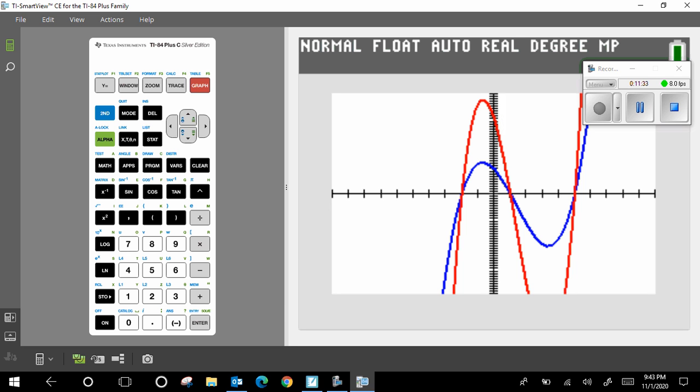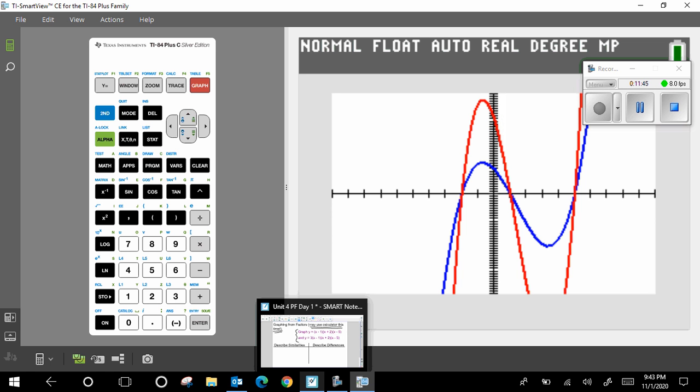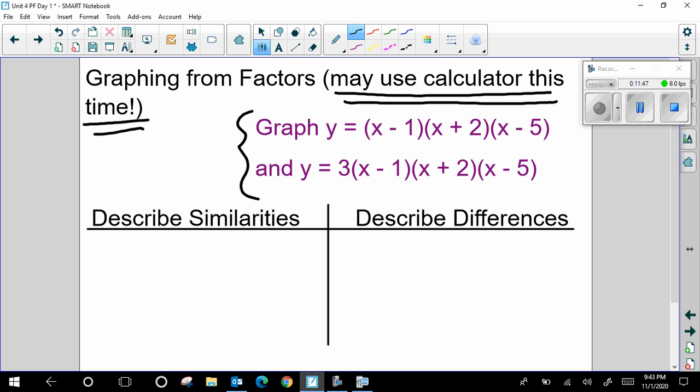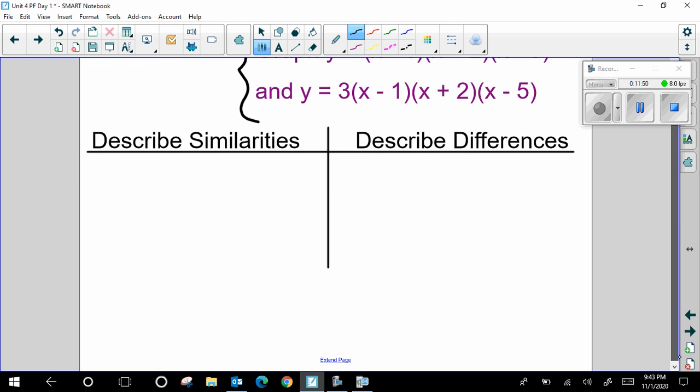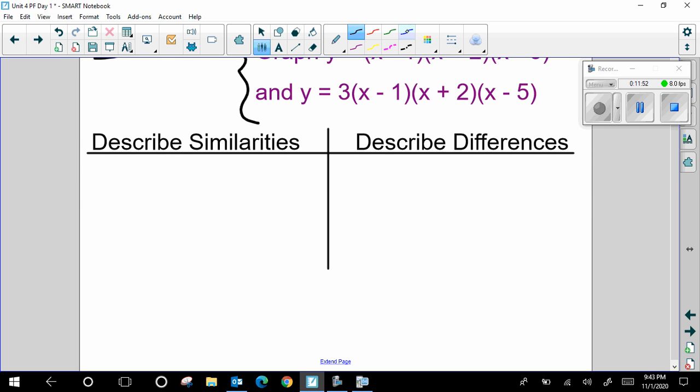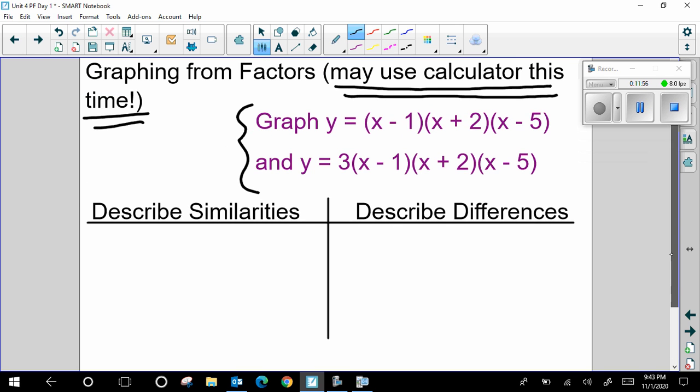All right, so if you compare the two graphs, the first one we graphed is the blue one. That's the one without the 3 in front. And the second one is the one that had the 3 in front. So if we go back to our notes, we can kind of maybe sketch these. Let's do it up here.